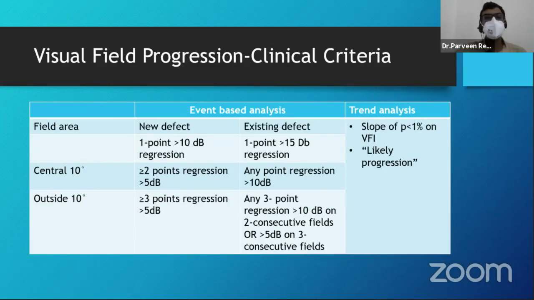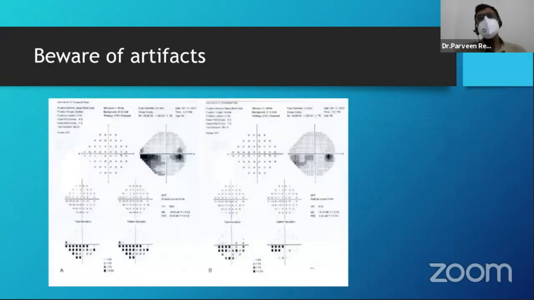It depends on how much the sensitivity is regressing in the central area, and whether a new defect is coming or an existing defect is worsening. So we have both event-based and trend-based analysis available to guide us on what should be considered a significant progression.